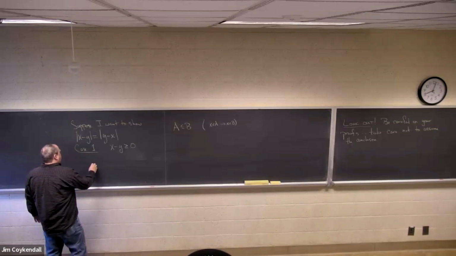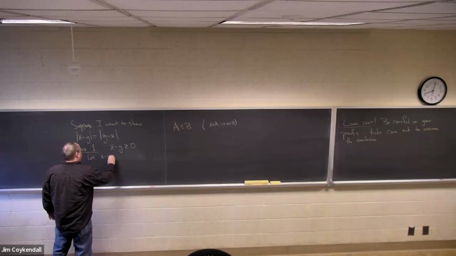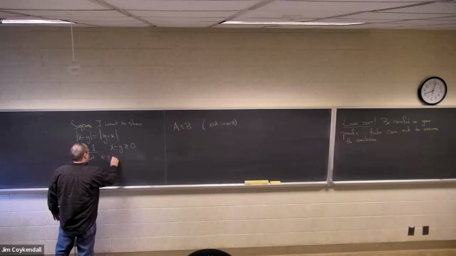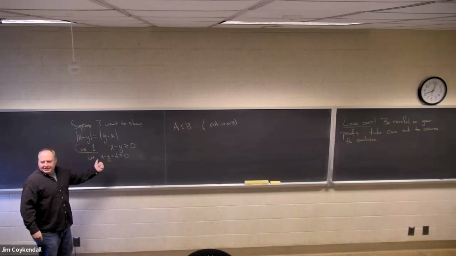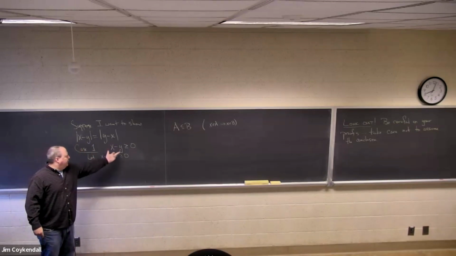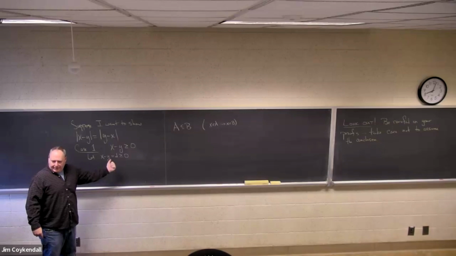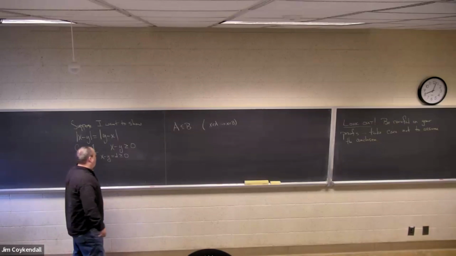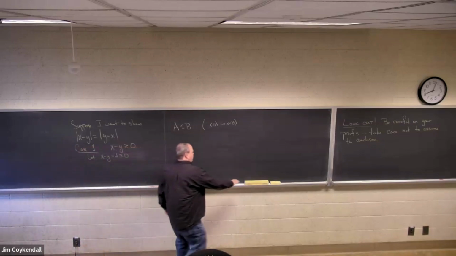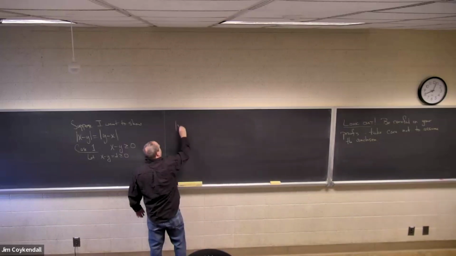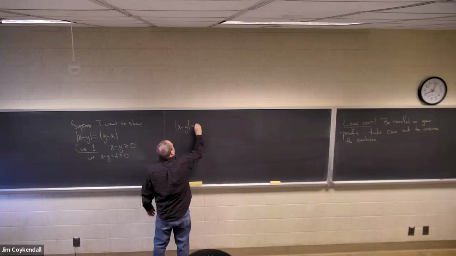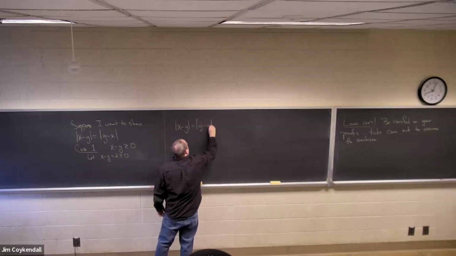Okay, so let x minus y be d. And since I'm in this first case, I know that d is greater than or equal to 0, right? So here's my proof. Absolute value of x minus y, absolute value of y minus x.